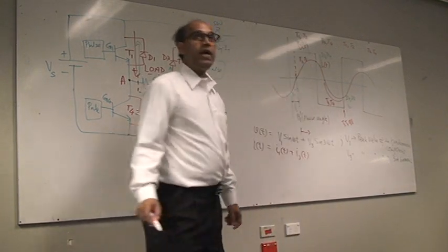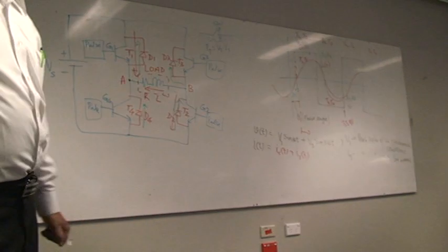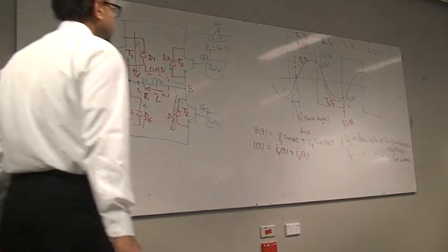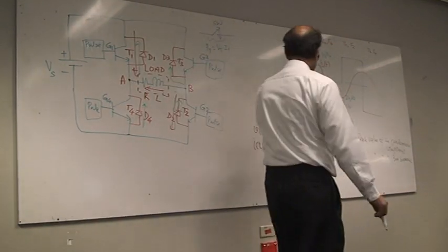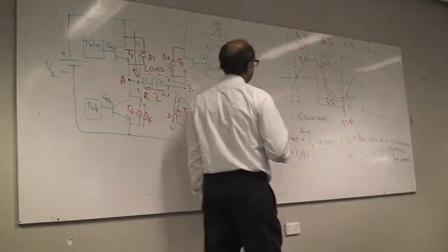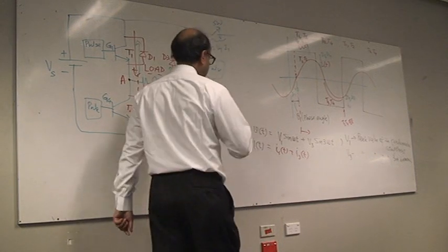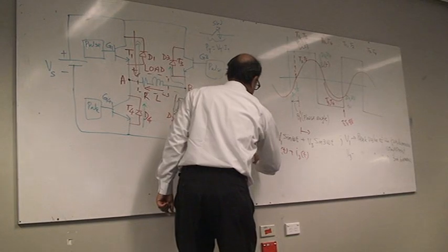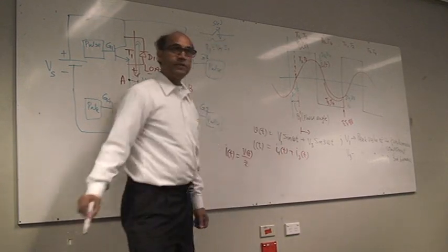So I add them. I1t is the response due to the fundamental, I3t is the response due to the third harmonic. What is the I? It's simple, isn't it? V by impedance.